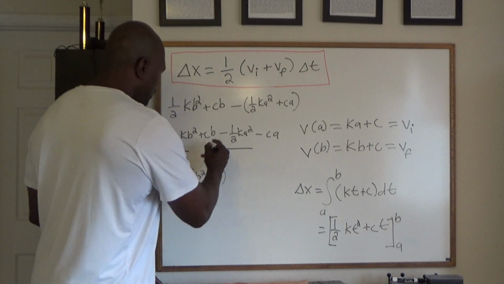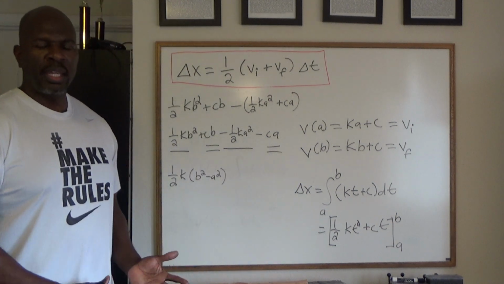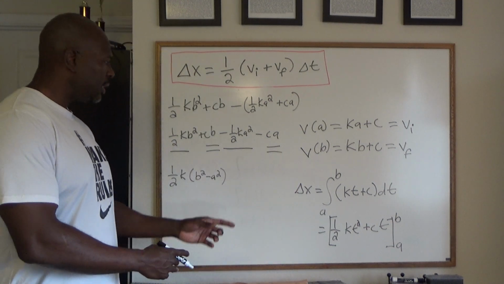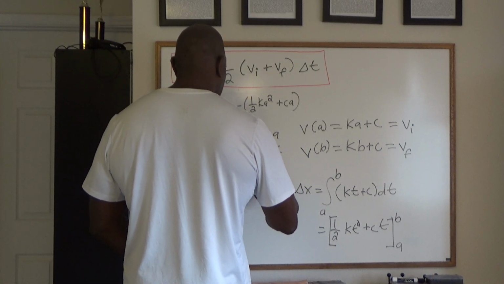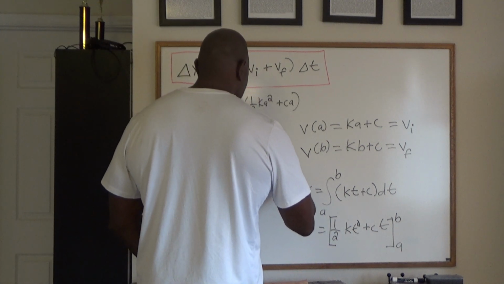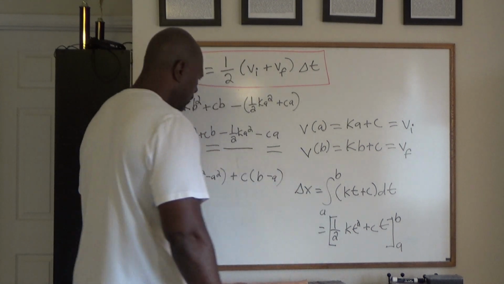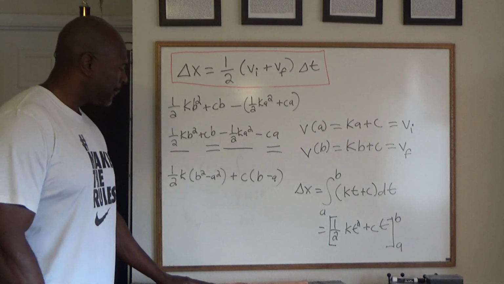And if I look at these two terms I haven't touched yet, and factor out what they have in common, that would be c. So I would factor out a c, so plus c, and what would be left would be b minus a. And so that's what we have thus far.